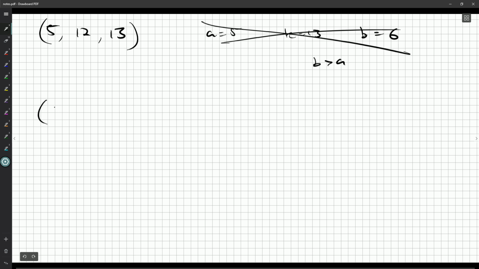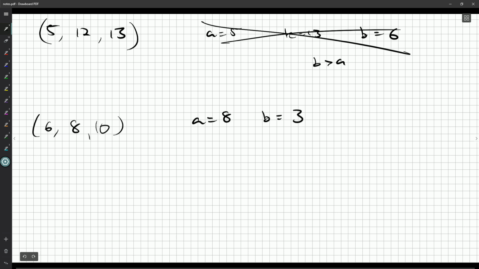7, 24, 25, that's going to cause the same problem. Our odd thing is way too small compared to my even thing. So let's think of another Pythagorean triple. Well, I suppose we could do 6, 8, 10, just a scaled up version of the 3, 4, 5 triangle. But we could make A 8.